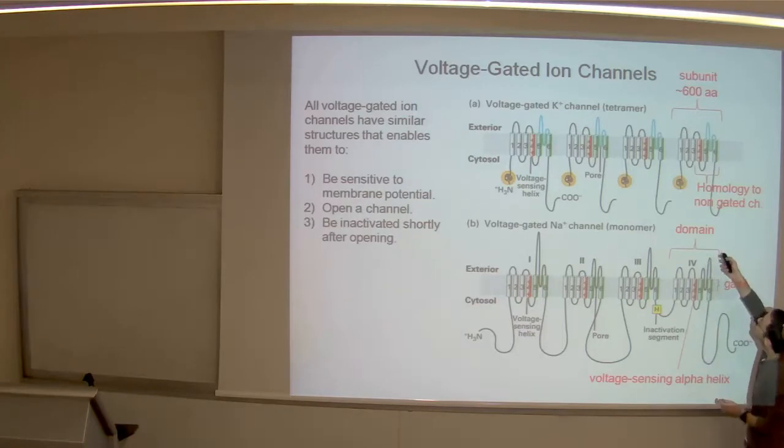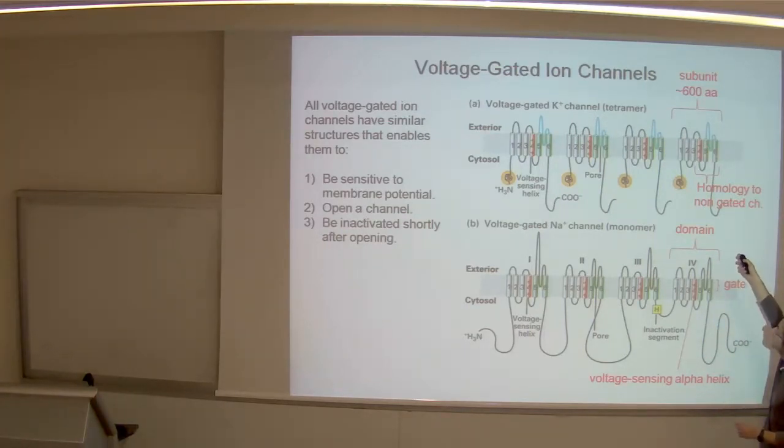Each domain or each unit is built of 6 membrane-spanning alpha helices. The 4th alpha helix is the voltage sensor because of the high concentration of positively charged amino acids in it. That's true for the potassium, sodium, and voltage-gated calcium channels also.